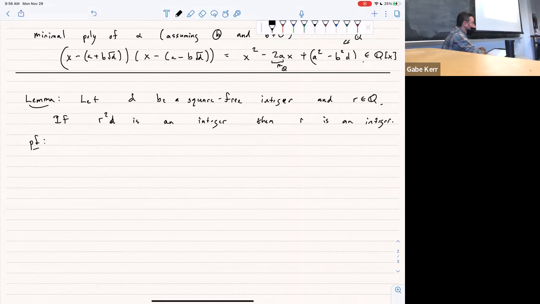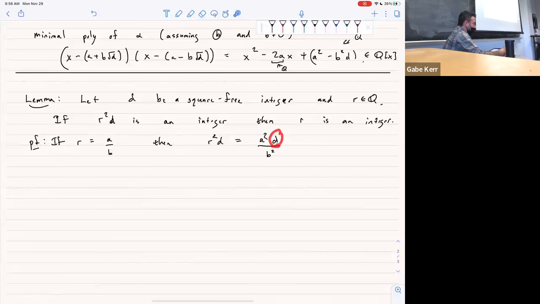Good. So, if I take r equals a over b, then r squared d equals a squared over b squared times d.